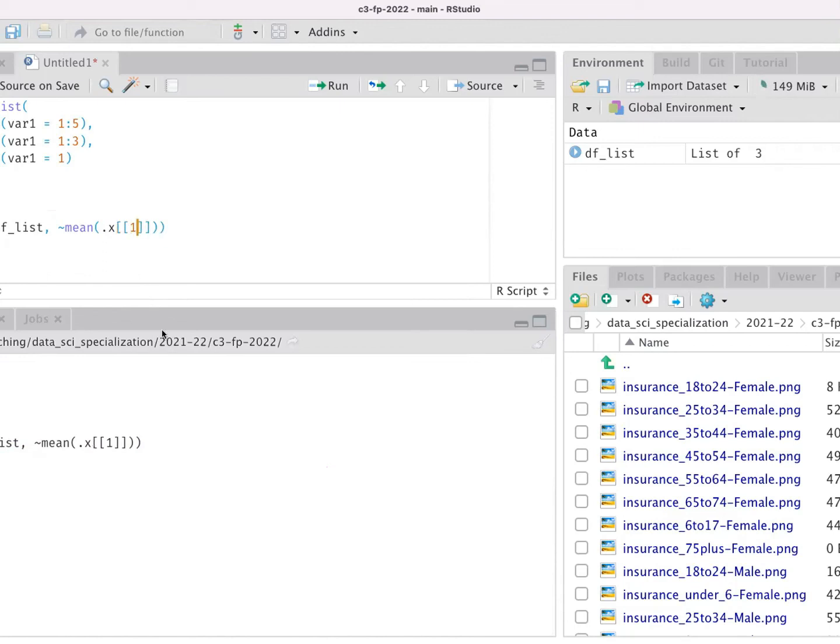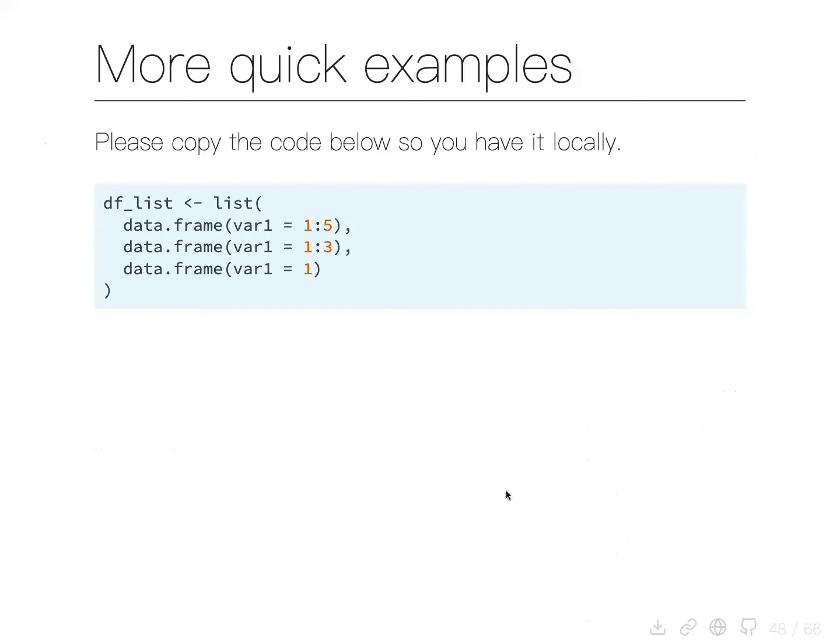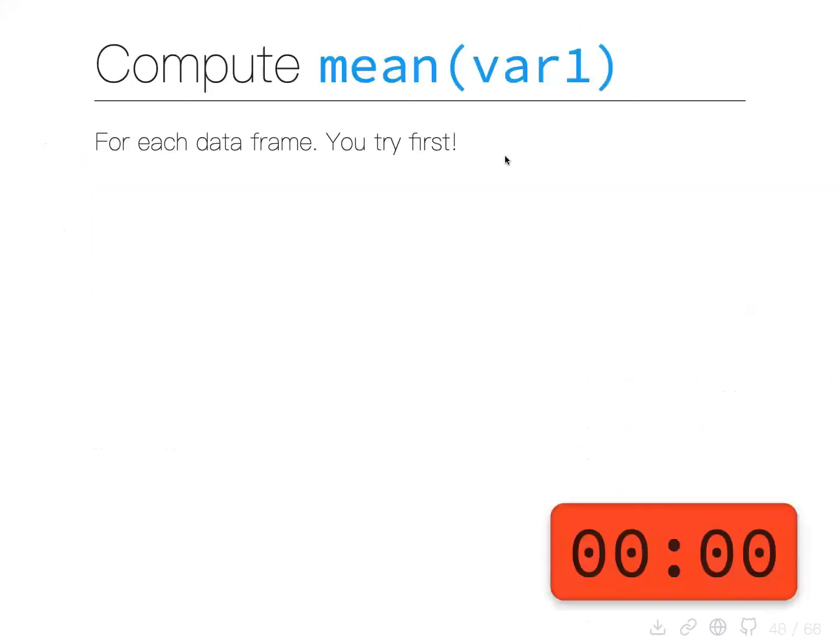Or I could even within there say var1, right? And that would also do it. So any way that you can subset a data frame, you can use that here. .x, remember, is just your placeholder for the given data frame. Okay. All right, so back to the slides.